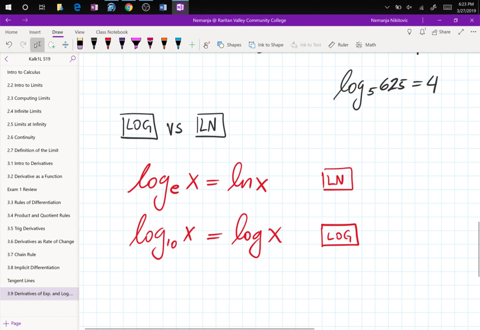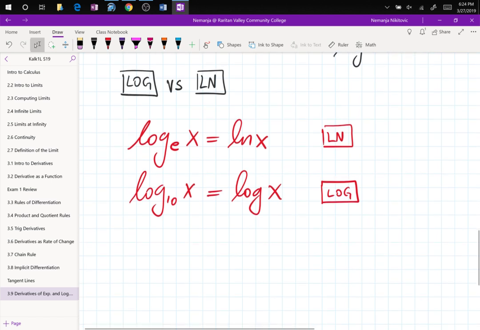There is one of those TIs that is scientific, not a graphing one, that allows you to plug in any log base. So that's the noob level, right? Then your TI 83s, 84s, and so on, they only have LOG and LN, right? And then you have the God tier, right? It's just an LN button, and that's it.